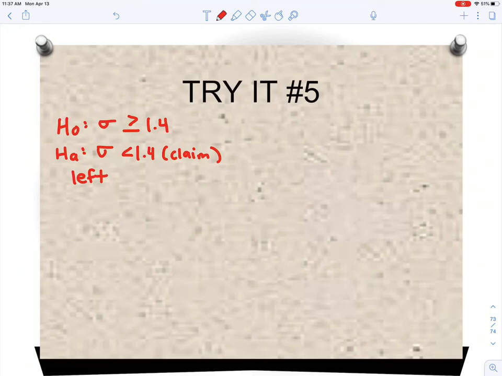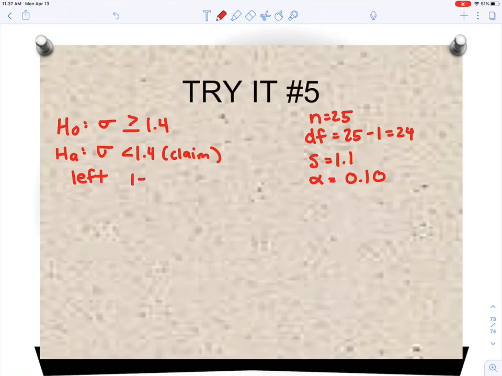So again, chi-squared left tail is going to be my 1 minus. A random sample of 25, which means my degrees of freedom is 24, has a standard deviation of 1.1. At a level of significance of 0.10, is there enough evidence to support the company's claim?